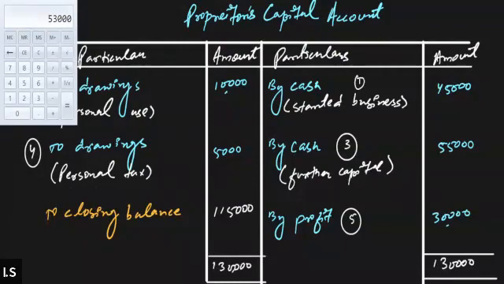You don't have to mention it. When we do questions and need to prepare the capital account or any kind of account, you don't need to mention the nature of the transaction.